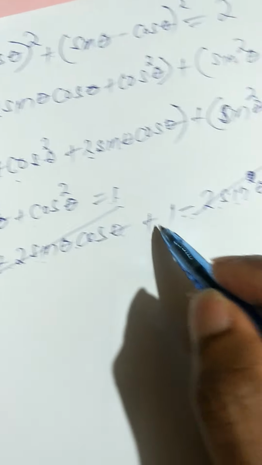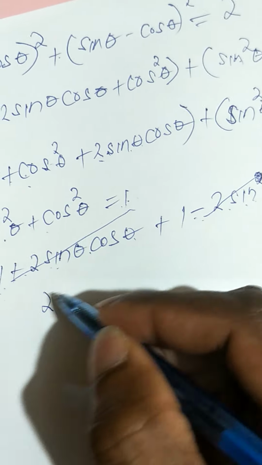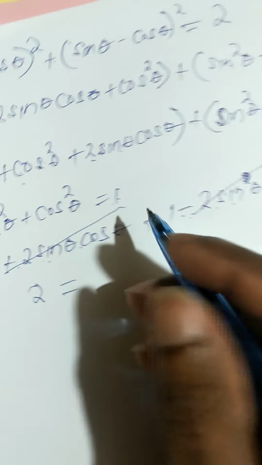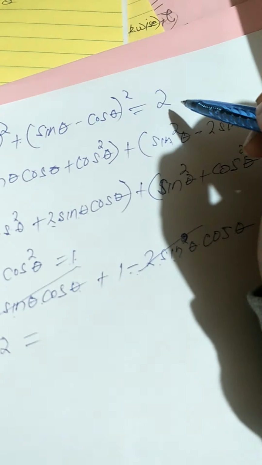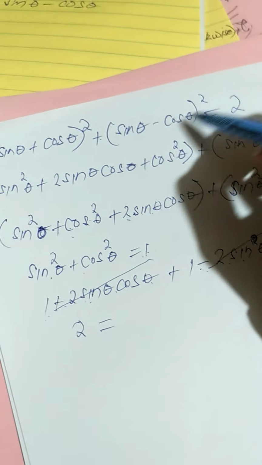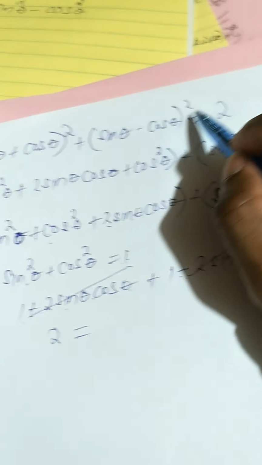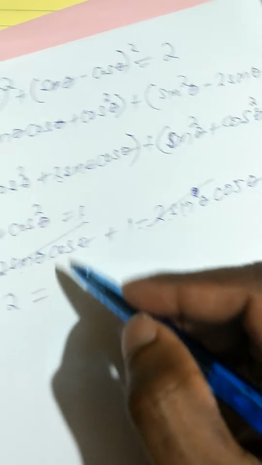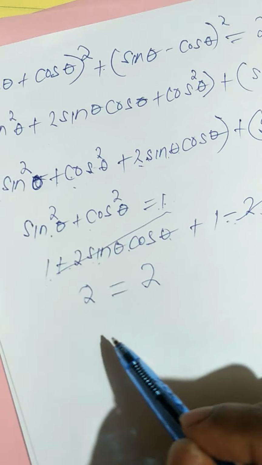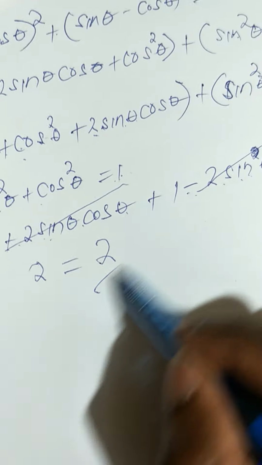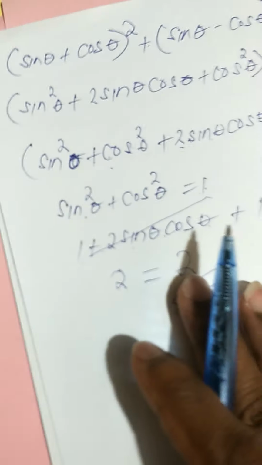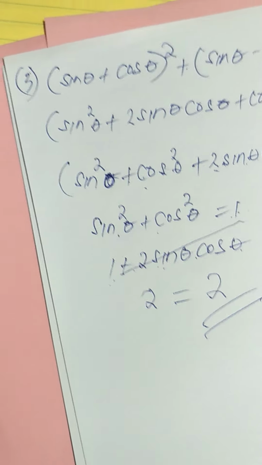So 1 plus 1, which is 2. So as I said a while ago, we need to prove the left hand side is equal to the right hand side. So this is our answer: it's equal to 2. Okay, let's go to question number 4.